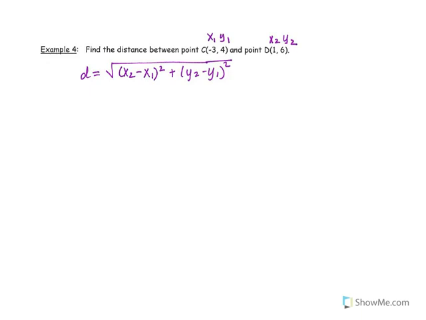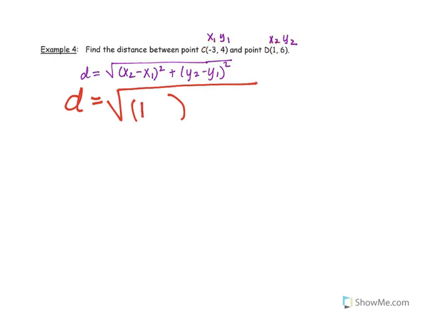I'm finding the distance between the point C, negative 3, 4, and D, 1, 6. As you can see, I labeled x1 and y1, and then x2 and y2. All we have to do is fill these in. So the distance equals the large square root, and in the parentheses I'm going to subtract x2 minus x1. x2 is 1, and x1 is negative 3.